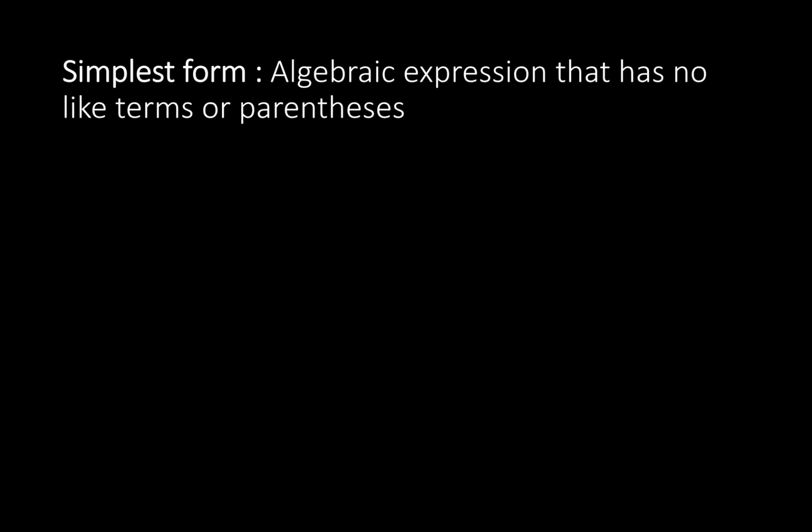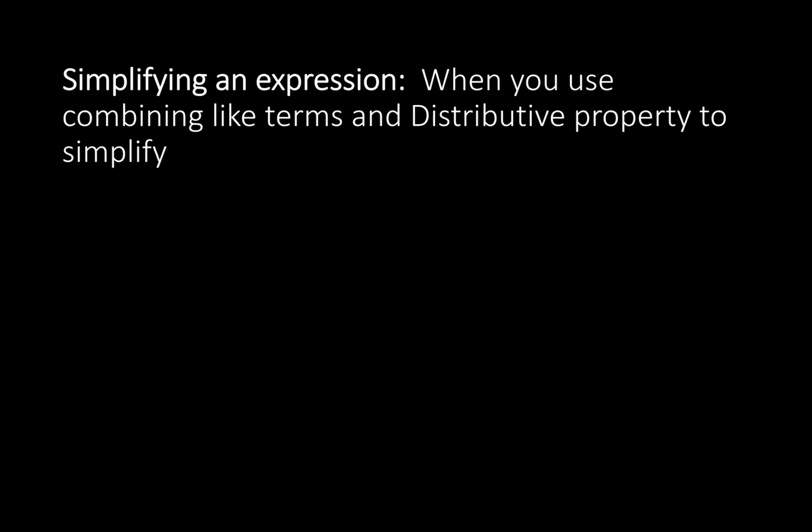But that constant can just stay. Simplest form is an algebraic expression that has no like terms or parentheses. So you'll have to combine like terms and distribute out parentheses. If you get that they're gone, then it's in simplest form. Simplifying an expression is when you use combining like terms and the distributive property, which is what you're going to do a lot of today.